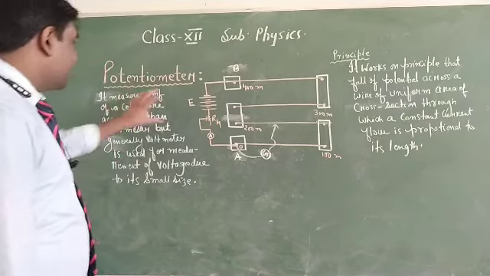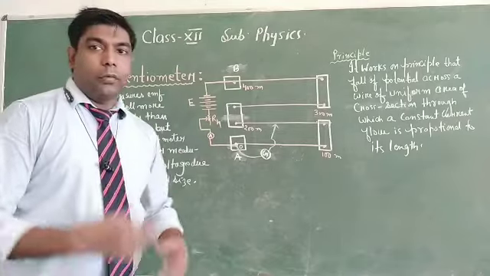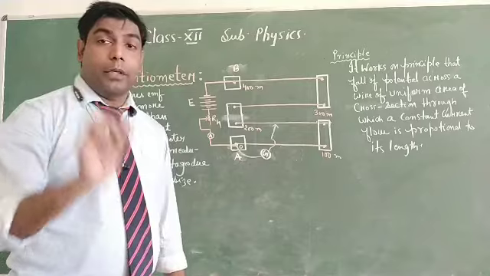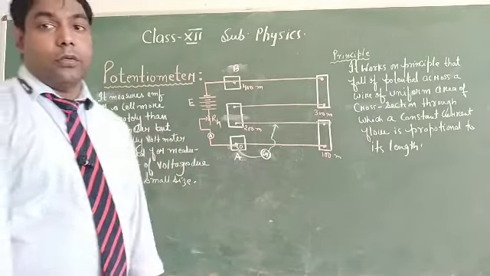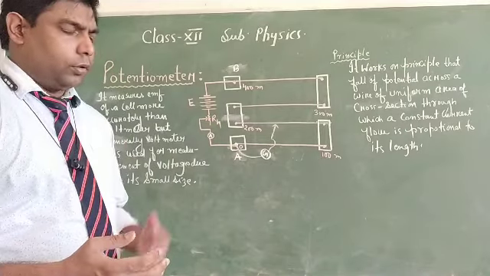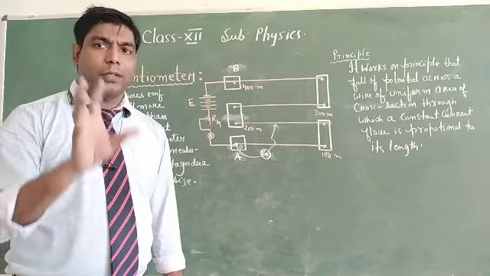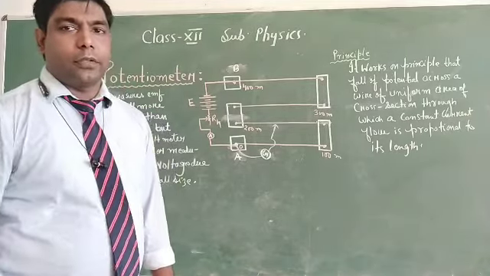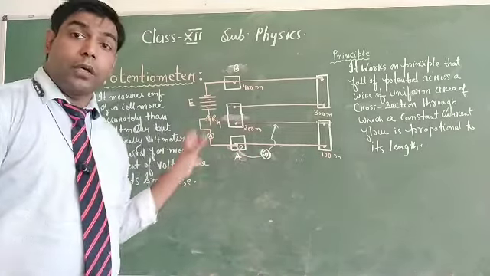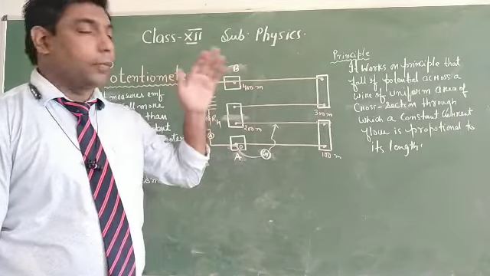But the potentiometer measures EMF more accurately than a voltmeter. Still, generally we use a voltmeter to measure voltage, because the voltmeter is small in size while the potentiometer is very big. So we prefer the voltmeter, though the potentiometer is more accurate in terms of measurement.